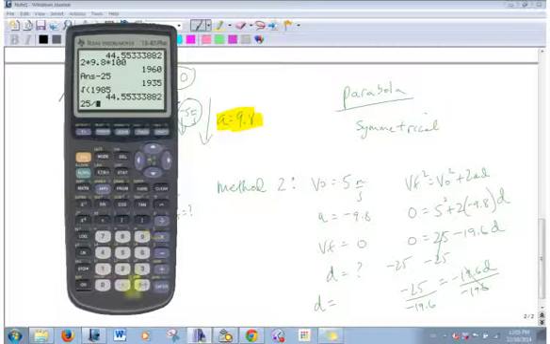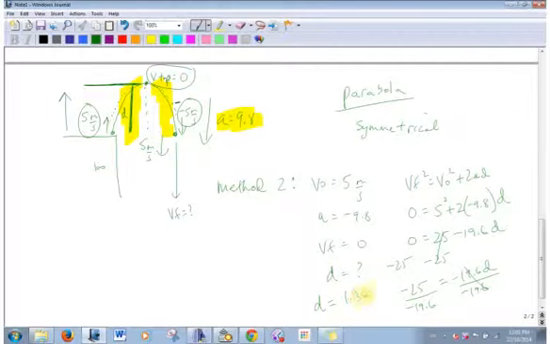25 divided by 19.6 is, that's only 1.3 meters. Okay, that's how high it went when I threw it up. Now, forget all that. I got a new problem.